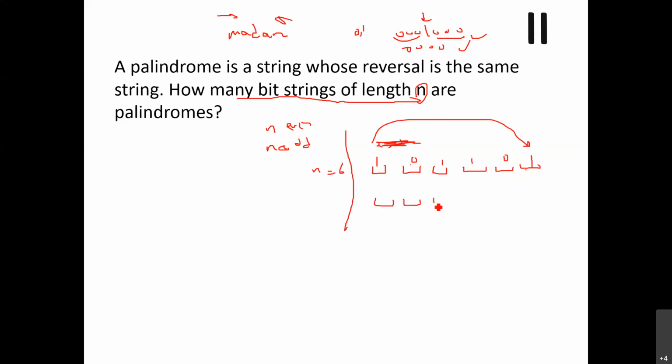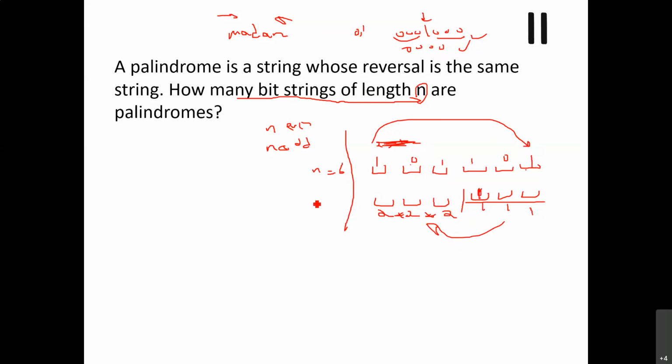So I can only choose 6 spots. Sorry, yeah, 2 times 2, yeah, 6 spots in this scenario, right? The other half is symmetrical to that. So whatever you choose, this is going to be locked. So 1, 1, 1. It's going to be locked depending on what you choose here.